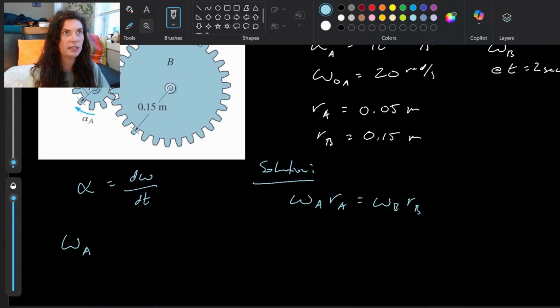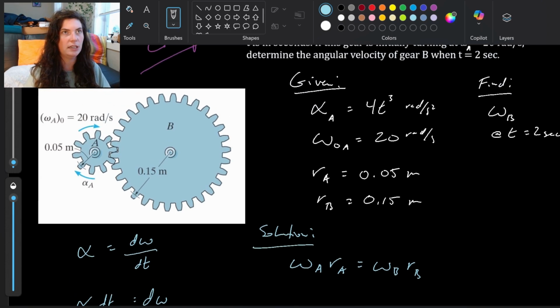And so if I rearrange this, I can get alpha dt equals d omega. And if I integrate those, we're integrating our alpha dt.